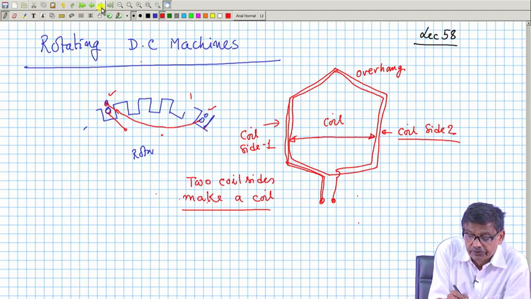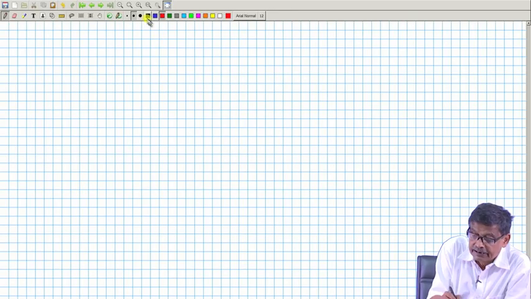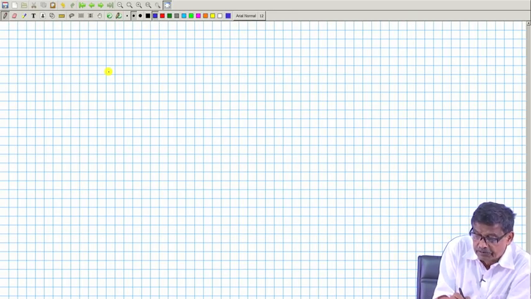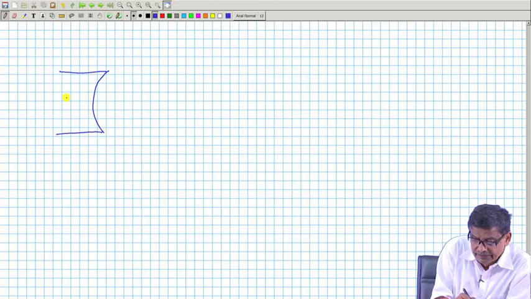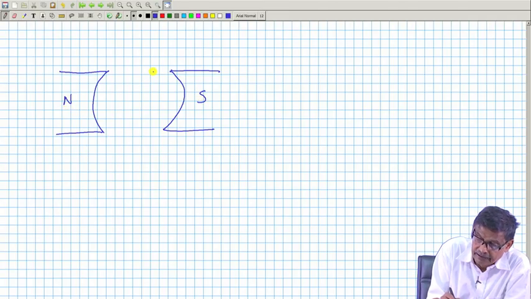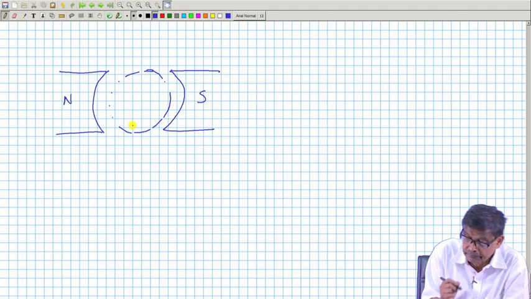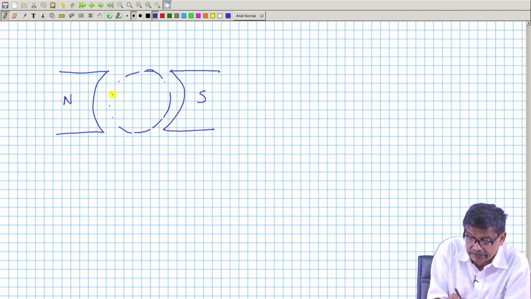Now, if I ask you this question, consider a simple two pole DC machine. This can be easily understood. Suppose, without drawing the field coils, it has created a north pole and a south pole, and here you have the armature, and there is one slot here.